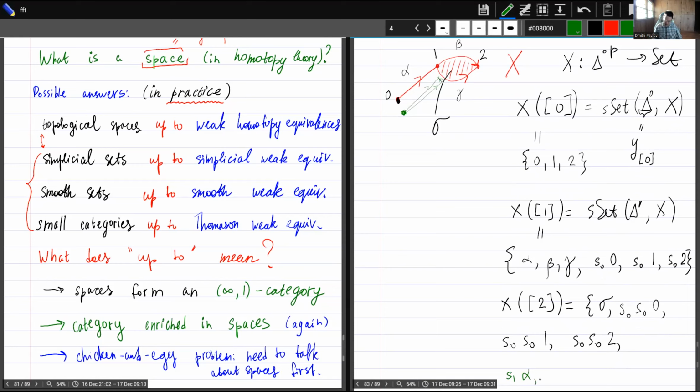And you also have maybe S0 alpha. S0 alpha has a very similar picture, where two vertices map to 0 and a single vertex maps to 1.